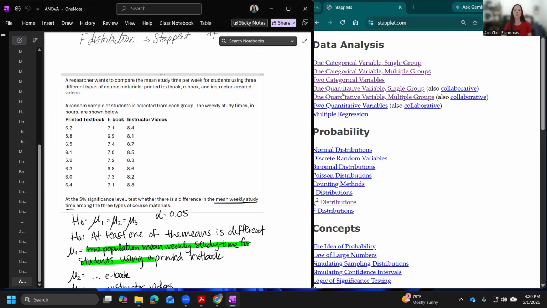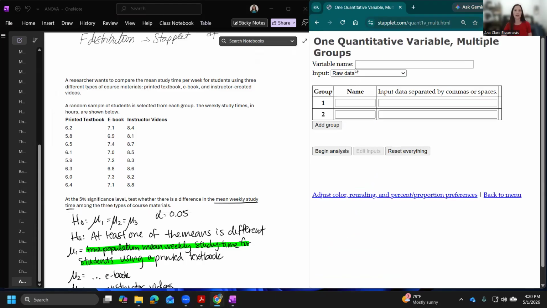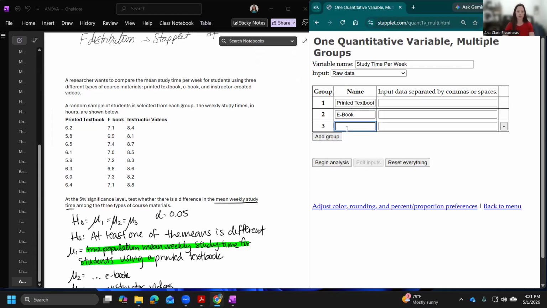So I'm going to go to one quantitative variable, multiple groups. And in this case, we are talking about study time per week. The first group was printed textbook. The second group was ebook. The third group was instructor videos.